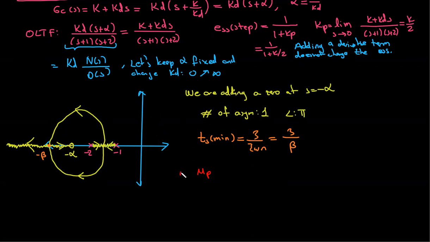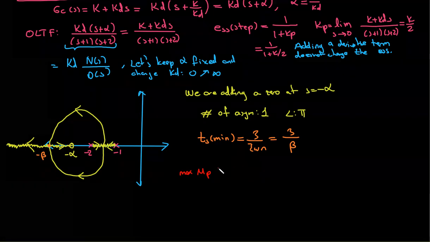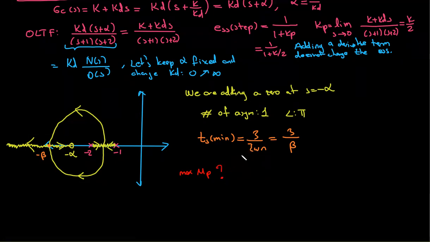So when does the maximum happen? Remember that if I have complex poles, I was looking at the angle theta, right? If that angle is small, then I don't have overshoot. If the angle is getting larger, I have a larger overshoot. If this angle is 90 degrees, then the overshoot is equal to 100%. I have the undamped response, right?